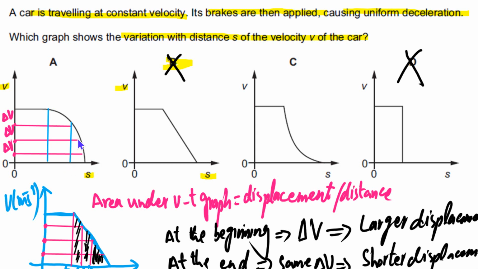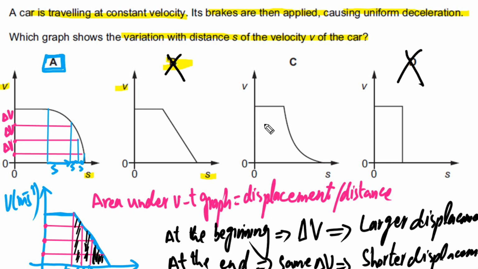So this is S, and if you look at the next one, this is S, and at the next one, this is S. In this case, it is very clear that for the same delta V, S is decreasing. At the beginning it is this, then smaller and smaller. It's very clear to see, and this is what we have found. So this is our answer.